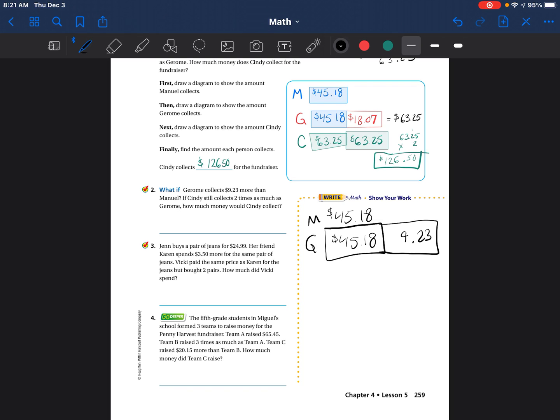So in that case, 45.18 plus 9.23. 8 plus 3 is 11. 4.